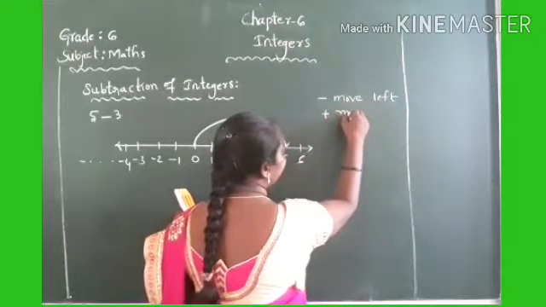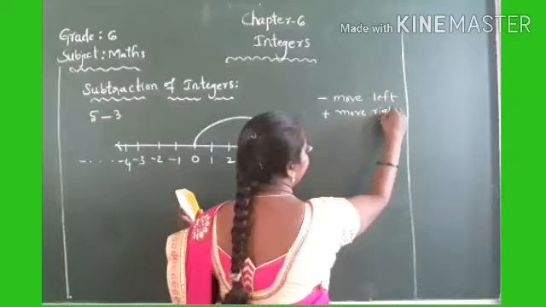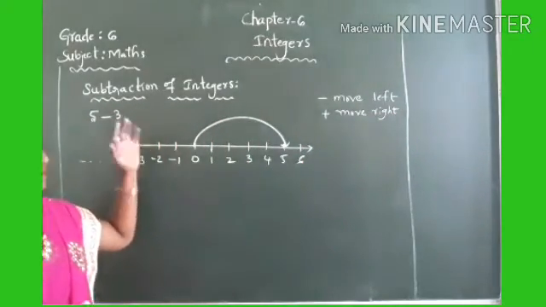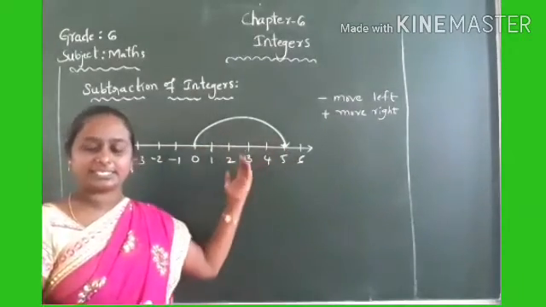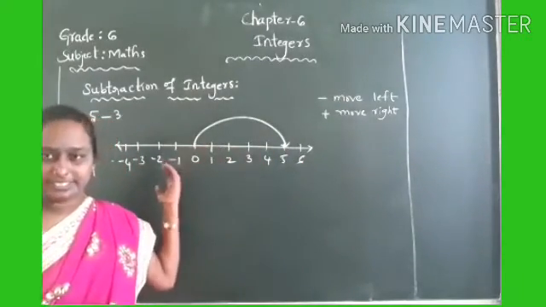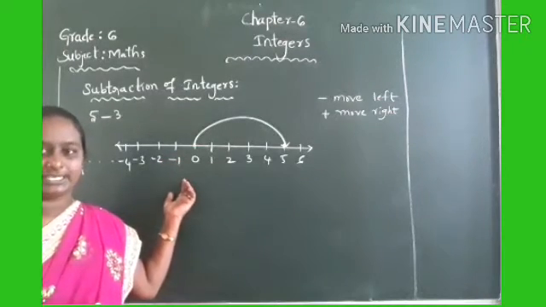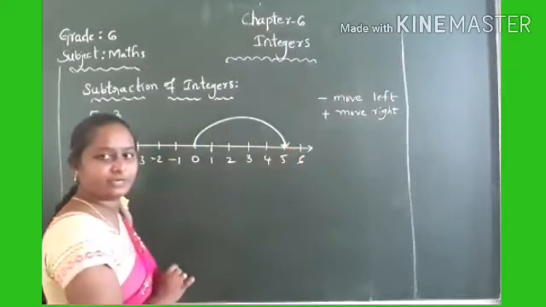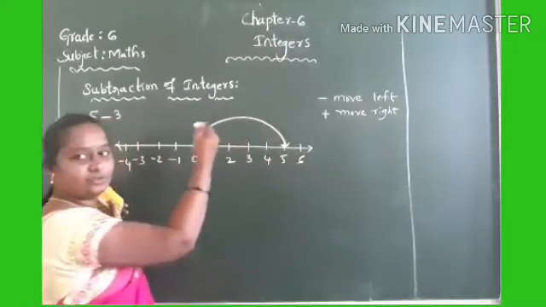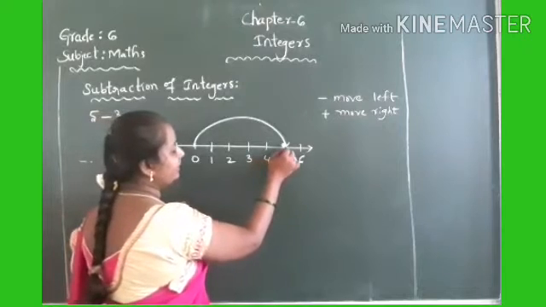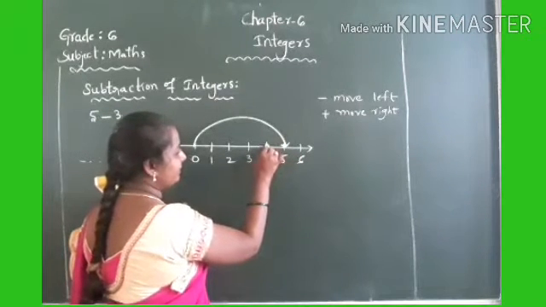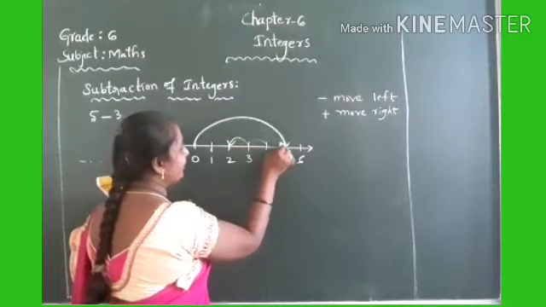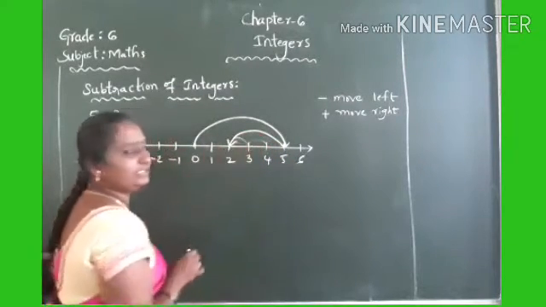If plus is there, move towards the right. Here, minus 3 means you have to move 3 steps towards the left. So start here at 5 and move 3 steps left: from 5 to 4, 1 step, 2 steps, 3 steps. So you reached 2.